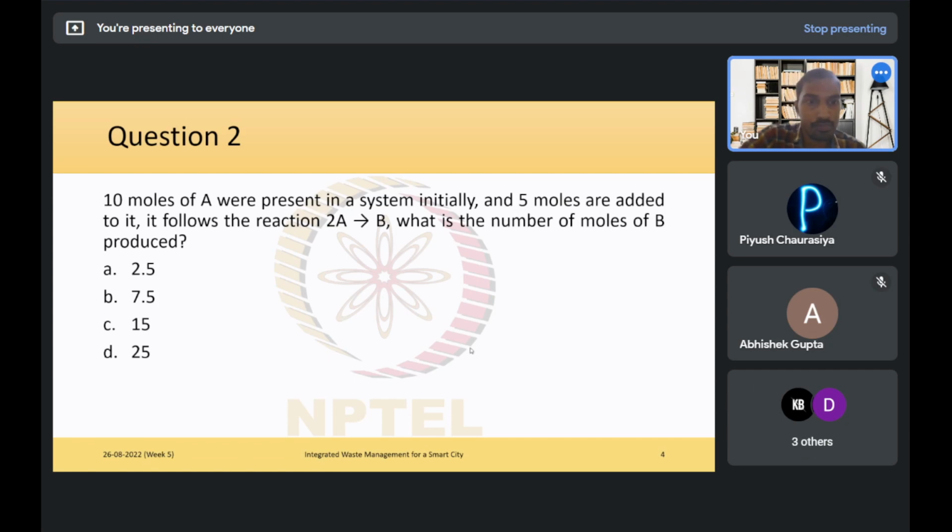So please work it out and you can answer in the poll. I'll just create a poll quickly. Right, we have been given a reaction 2A gives B, right? And we know what is the total amount of A present in the system.